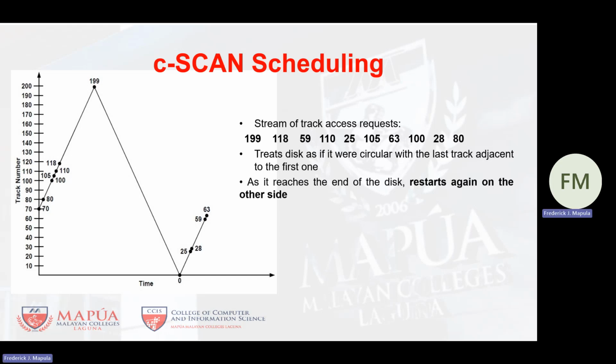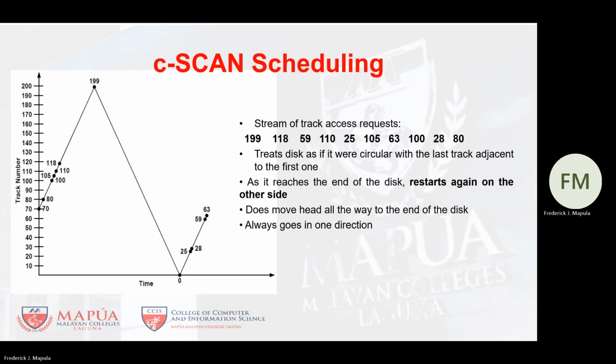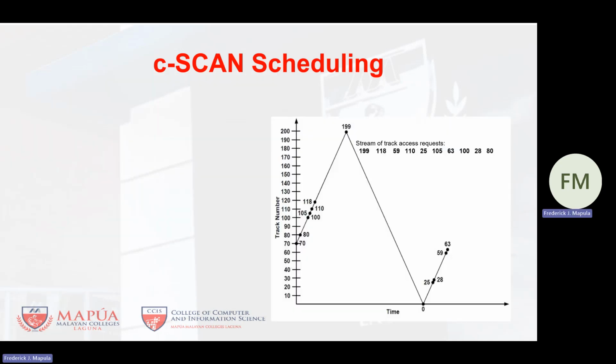When it reaches the end of the disk, it restarts again on the other side. It always goes in one direction. No starvation problem, uniform average waiting time. Okay, this is the example. This is the track.